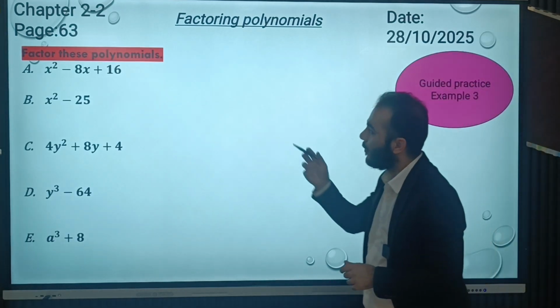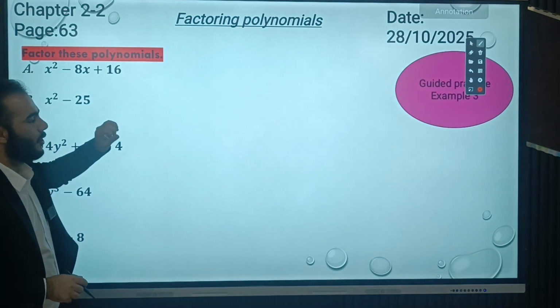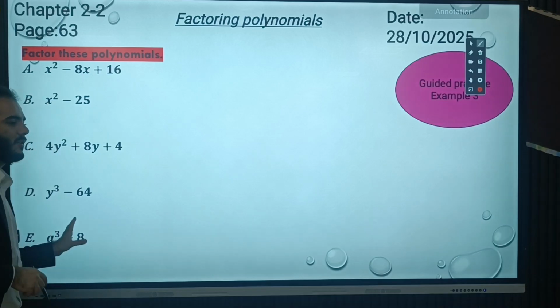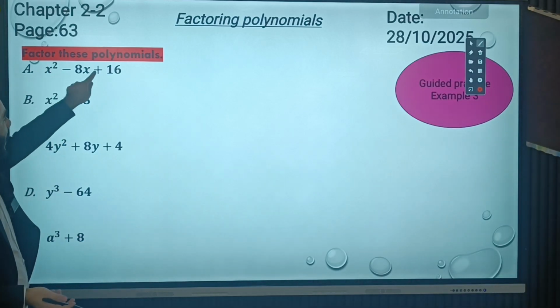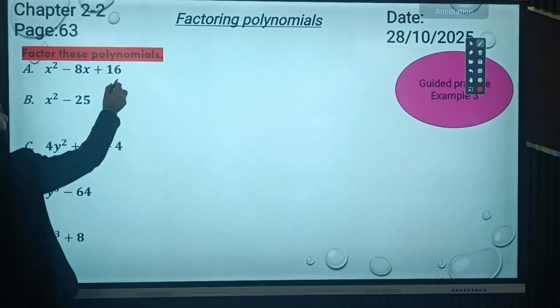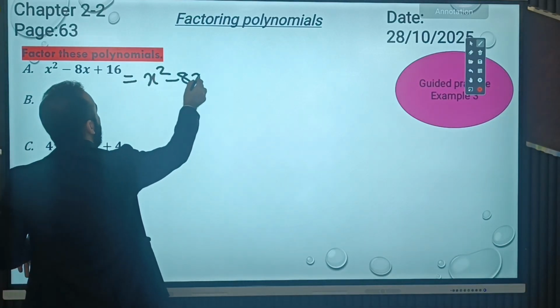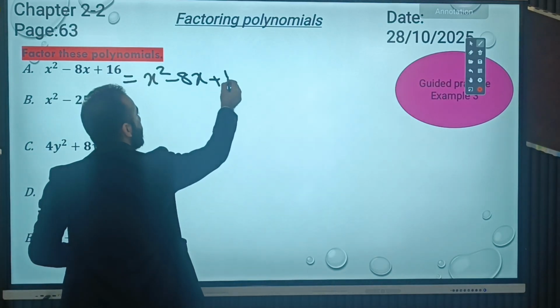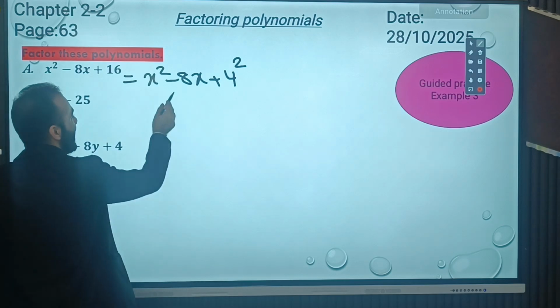Yes. So questions here, it says factor these polynomials, so we need to factorize them by using the special identity. I said either the left side is given or the right side. As you can see here, x squared minus 8x plus 16. So you must know that it can be written as the square of x minus 4.